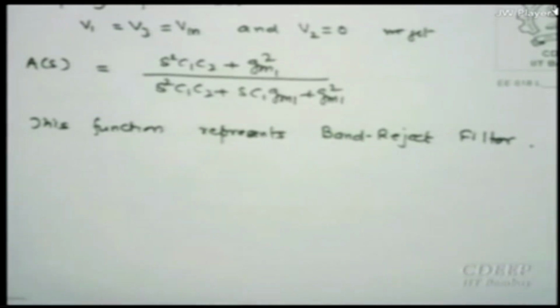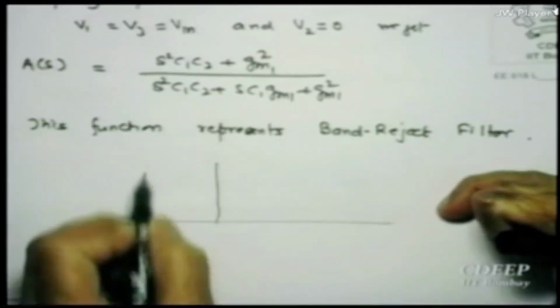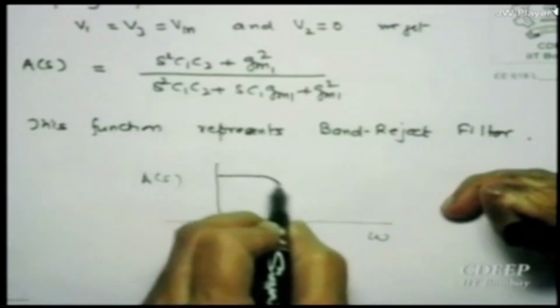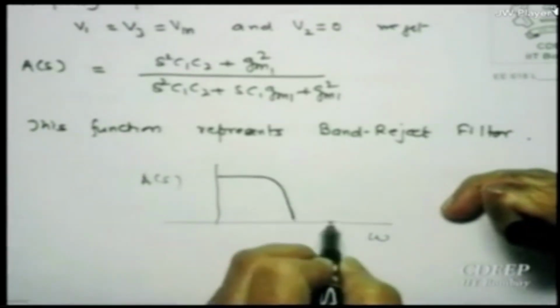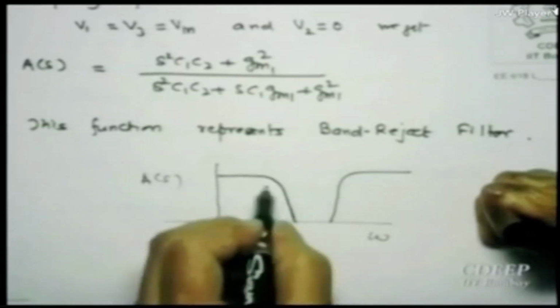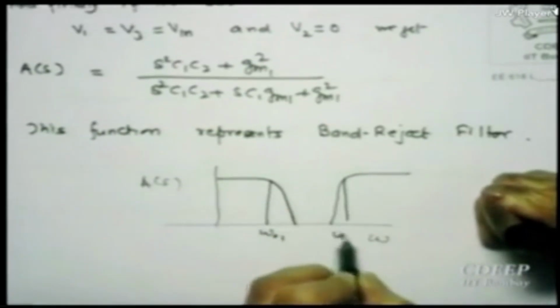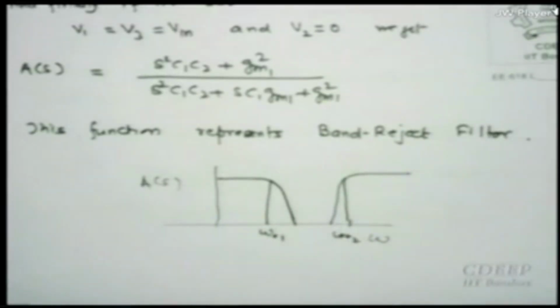All that I am saying is, omega 0 1, omega 0 2, I adjust two blocks and in between there is nothing, and therefore it is rejecting those frequencies in between.